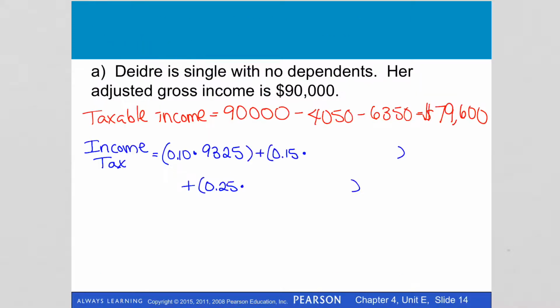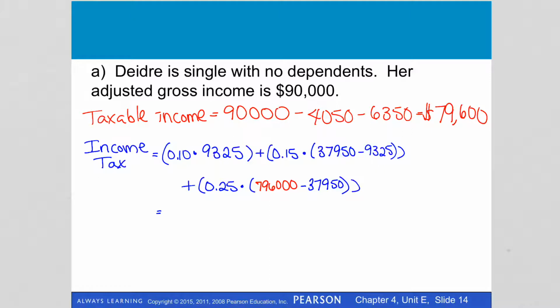So that's $37,950, subtracting off that $93.25. And then the rest of it, she pays at the 25%. So we take her taxable income and subtract off $37,950, and that's what's left.